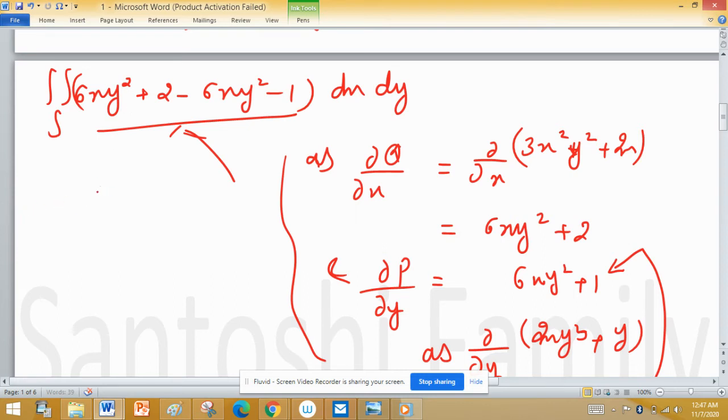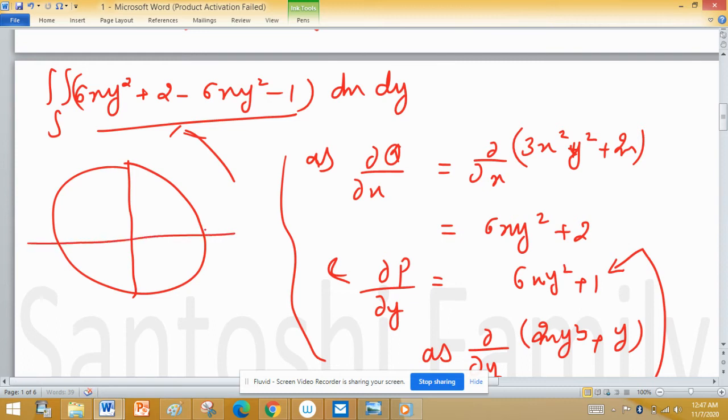As we have to compute this surface integral over this curve, so we have to find out the region.